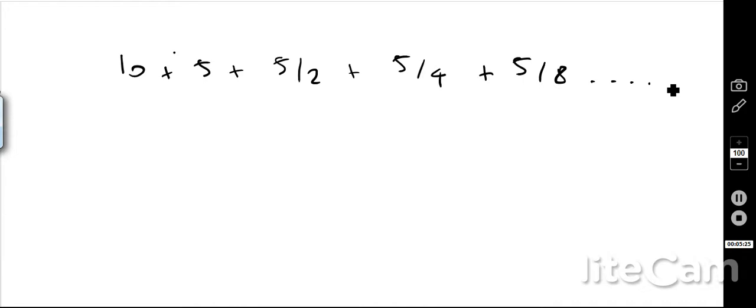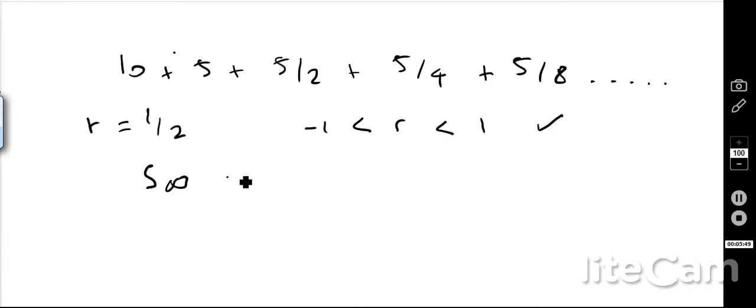So that is the common ratio. My r value, which is a half, is between -1 and 1, so I can use the sum to infinity. The sum to infinity formula that we've just seen is u_1 over 1 minus r.